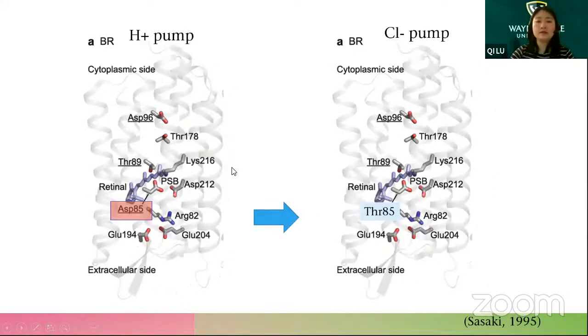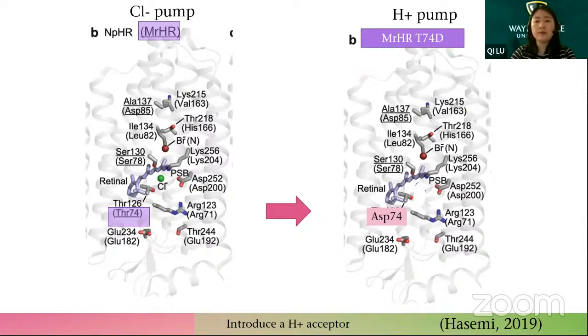So it's like switching back and forth: aspartate to serine, proton pump to chloride pump, then serine to aspartate, chloride pump to proton pump. But this step was only successful in Mr rhodopsin, not in NpHR. In another background, wild type rhodopsin, this step became successful.